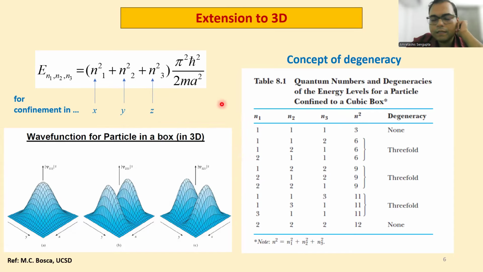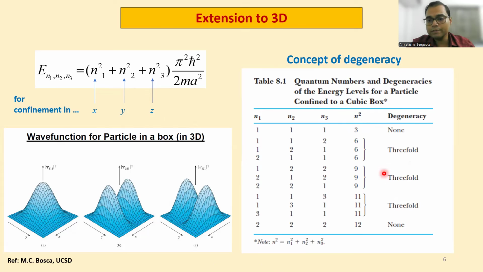Hence, an energy level can have different quantum states for the same energy. Like in this case, n squared is 6 in all the three cases, but the quantum numbers are different, like 112, 121, 211. And also in a few other cases, we can see this happening.